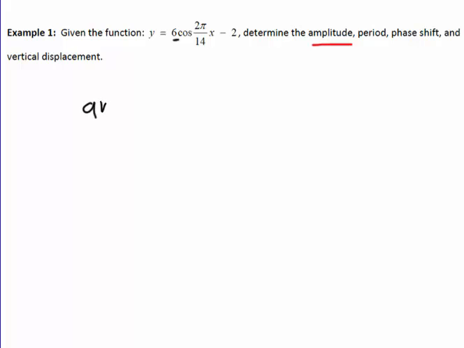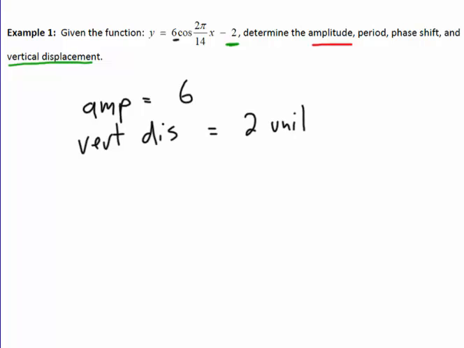So right away, without much work, we can see that the amplitude is 6. Period and phase shift require a little bit more work, but the vertical displacement, that just corresponds to the d value. How far up and down this has been vertically displaced? Well, the vertical displacement is just 2 units down. So the whole graph has been shifted down 2 units.